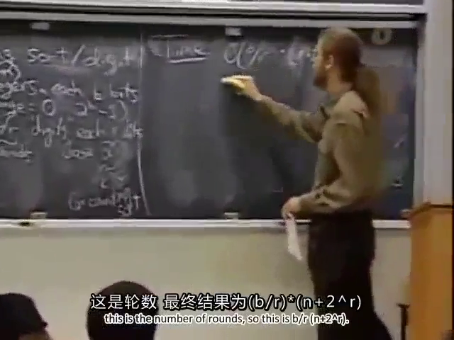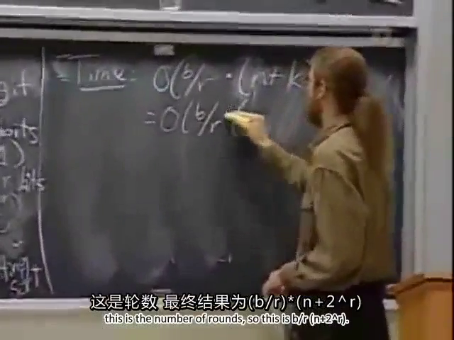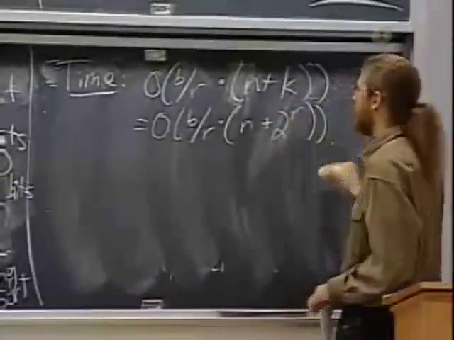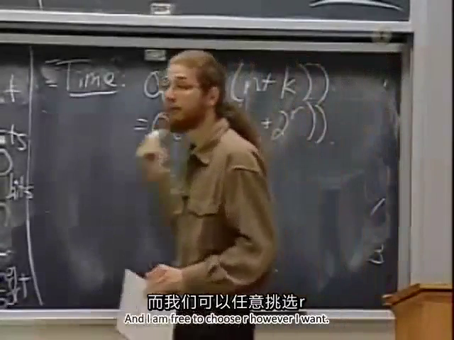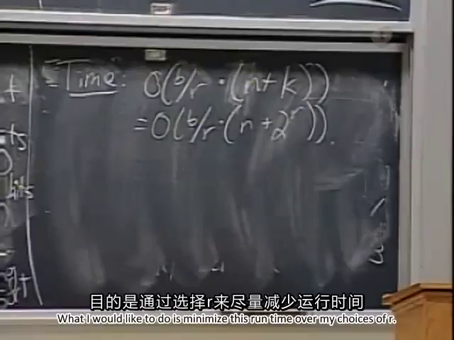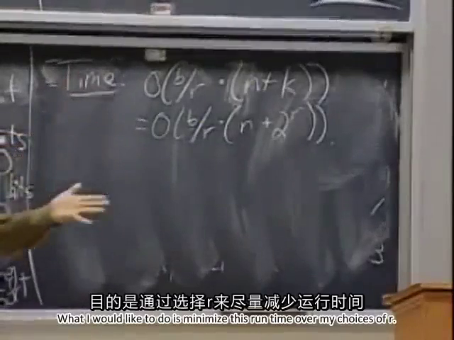This is the number of rounds. So this is b over r times n plus 2 to the r. Okay, and I am free to choose r however I want. So what I'd like to do is minimize this runtime over my choices of r.